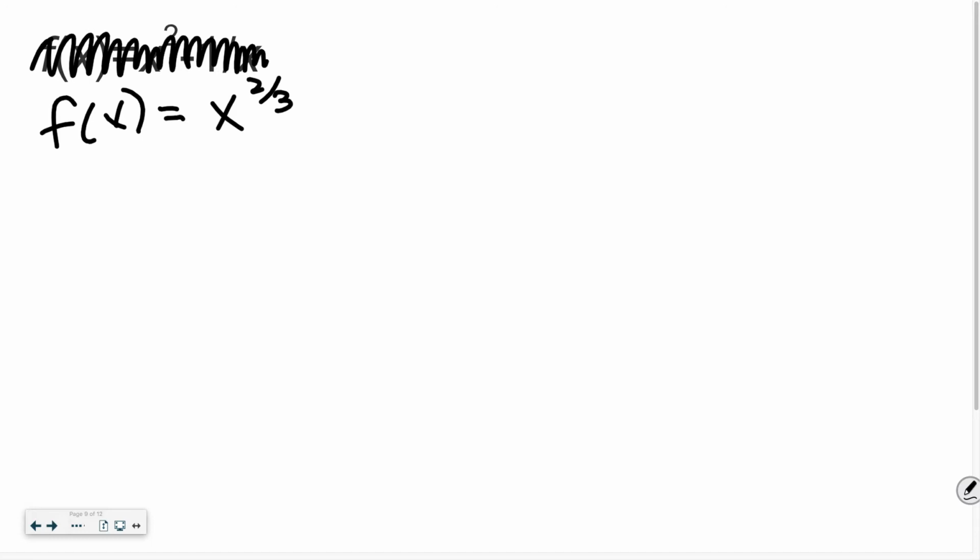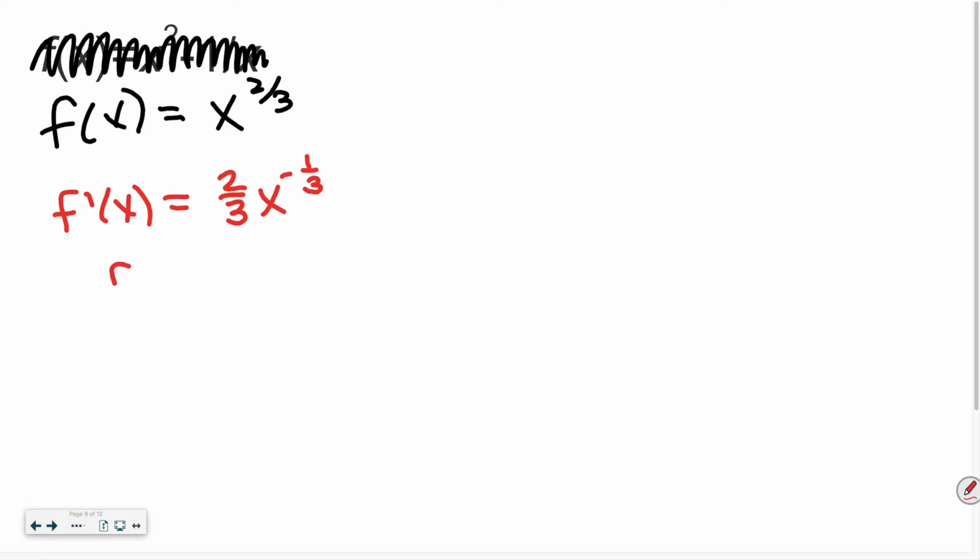We are going to look at increasing and decreasing intervals, and we are going to look at concavity. Okay? So here we go. First derivative. What is it? 2/3 x to the negative 1/3.